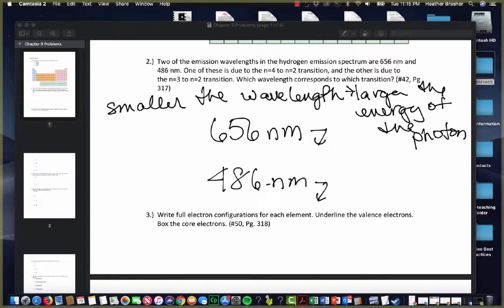So if you look at these, you ask, which one is smaller? Well, this one is smaller, so it's going to correspond to the greater energy transition.